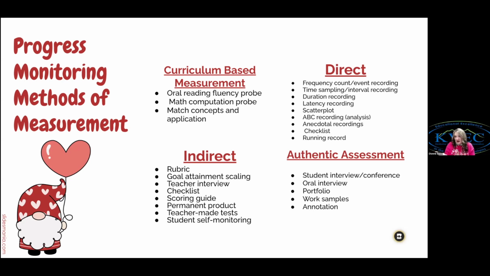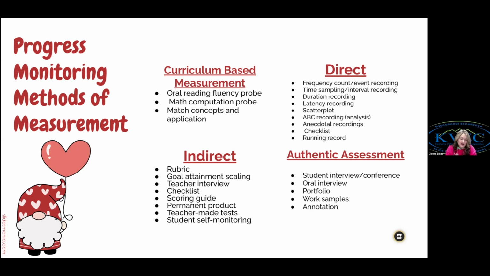We might need to reduce it, or we might need to increase the level of rigor, the cognitive demand, or the level of support that they need. Again, it informs us based on data about how we can support students. So let's think about curriculum-based measurement. What we just saw was a math computation probe. That was our example of a curriculum-based measure.